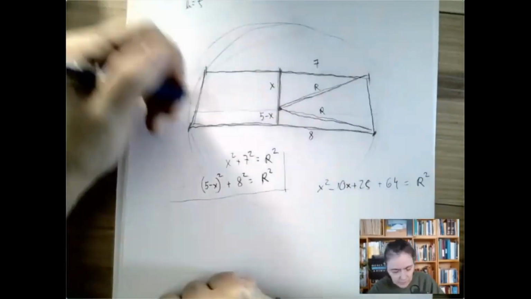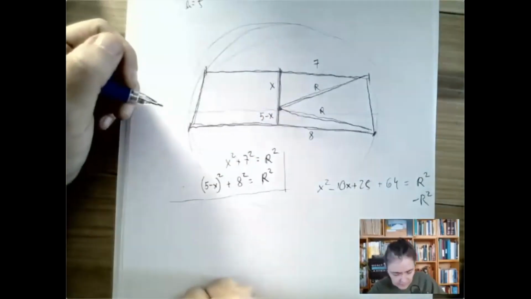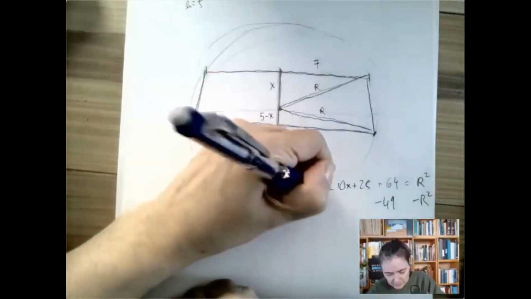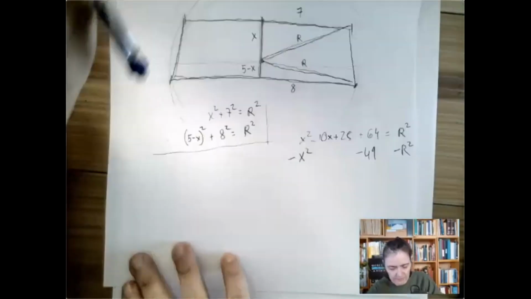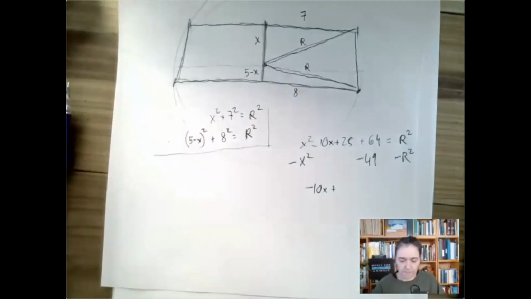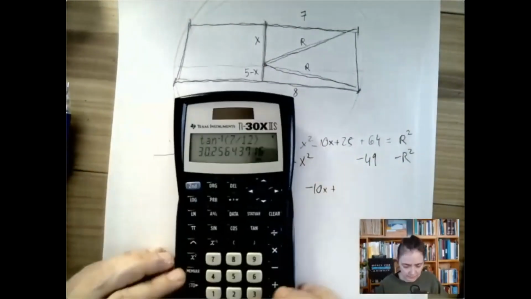And under it, I'm going to write the opposite of this. So we have negative r squared on the right-hand side, and then negative 49 and minus x squared. So when we subtract, we get negative 10x plus 25 plus 64 minus 49.